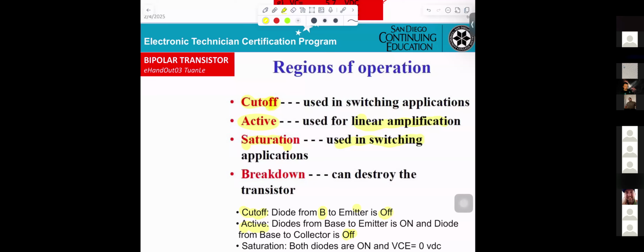Saturation: both diodes are on, VCE equal 0.